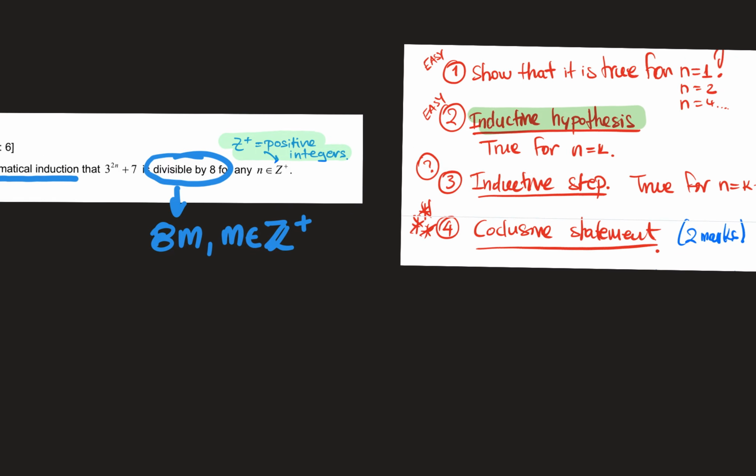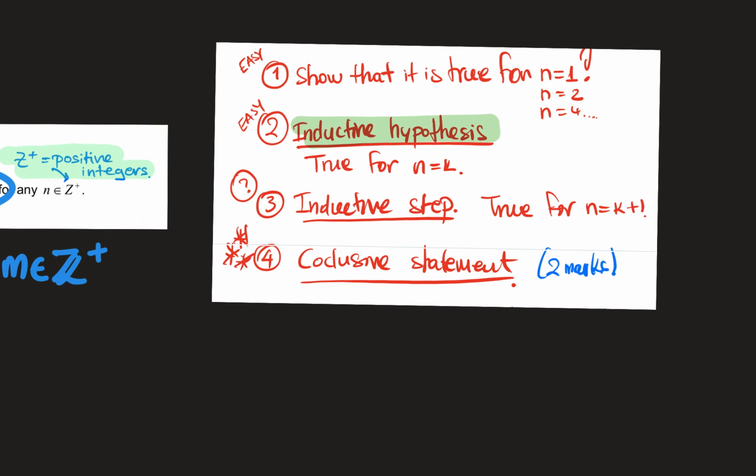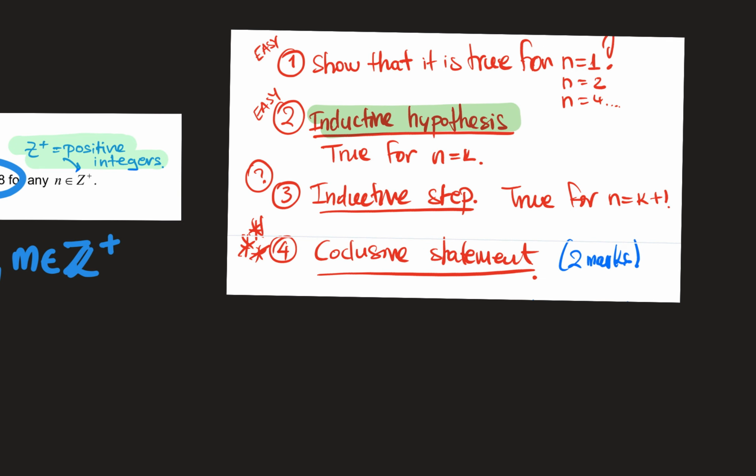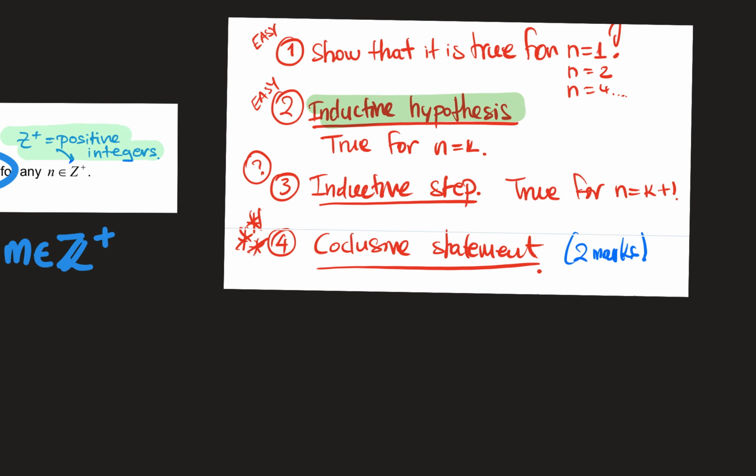You have seen before that every mathematical induction consists of 4 different steps, and we always go through those 4 steps. Step 1: show that it's true for n equals 1, or 2 or 4 if it's specified by the question. Step 2, the inductive hypothesis: we assume, so this is an assumption, that it is true for n equals k.